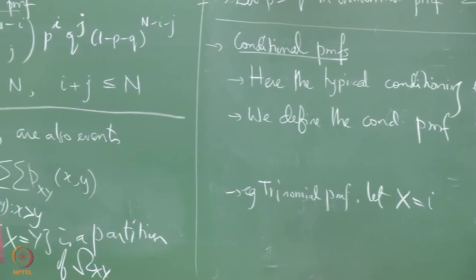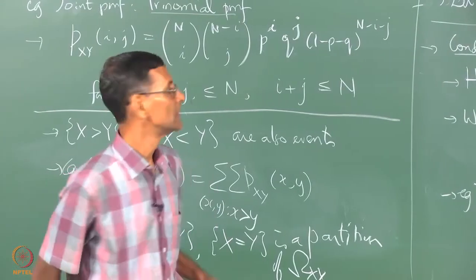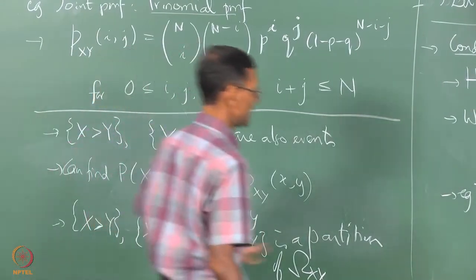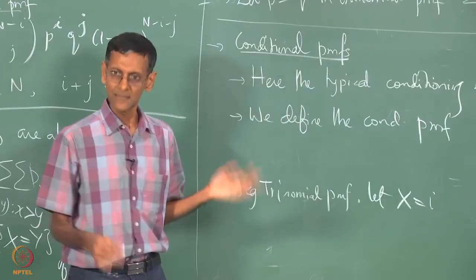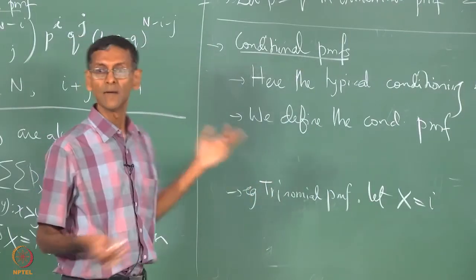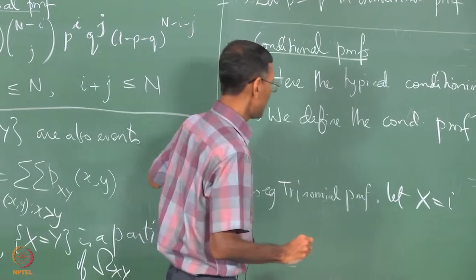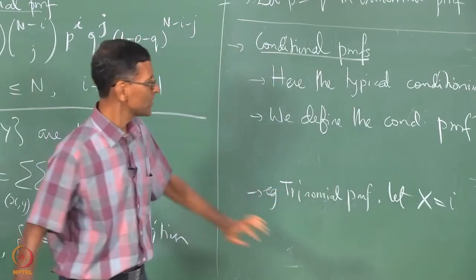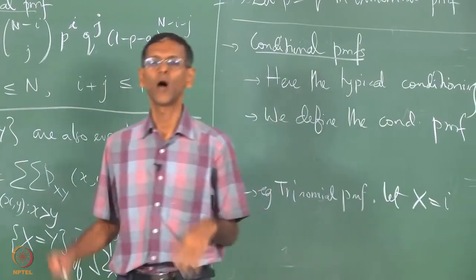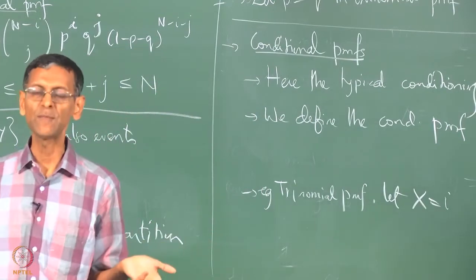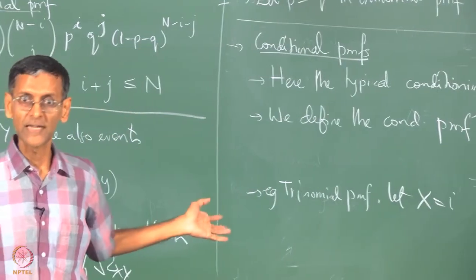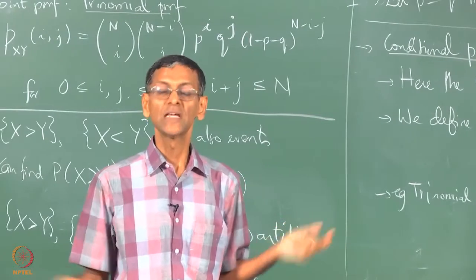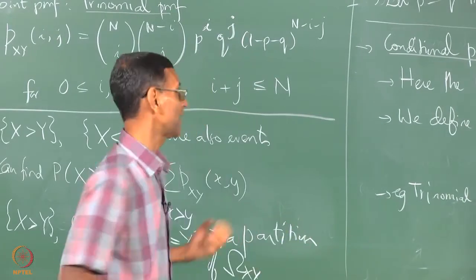This is an event, remember again, last time I am saying it. When I say let X equal to i, it means the random variable X took the value i. Obviously this i has to be in omega X, so it has to be between 0 and n in the trinomial case; it cannot be outside that.